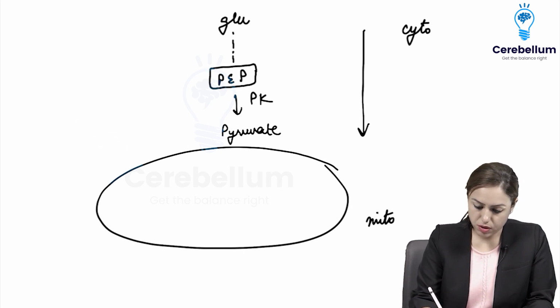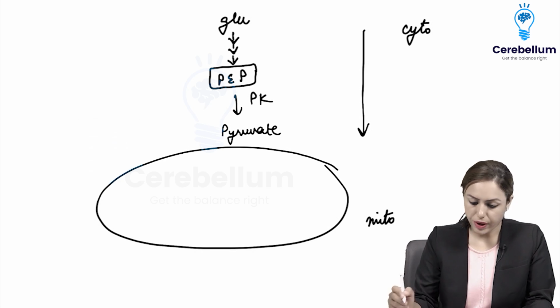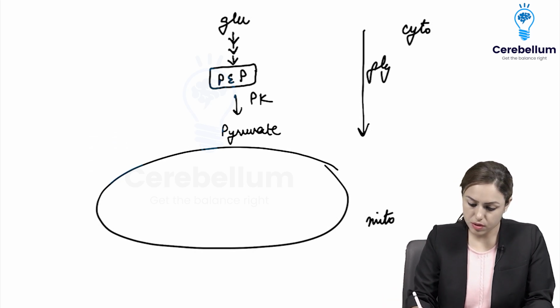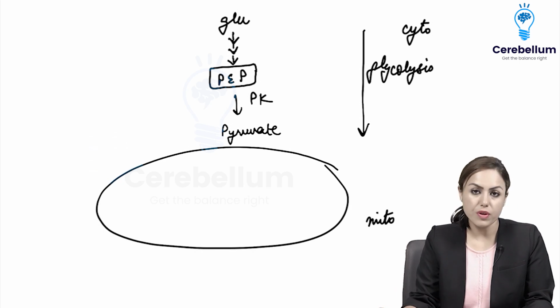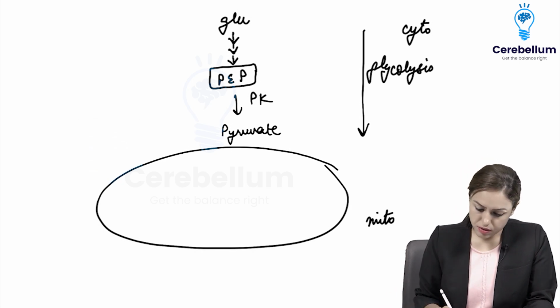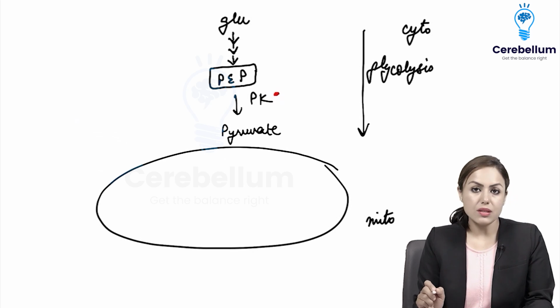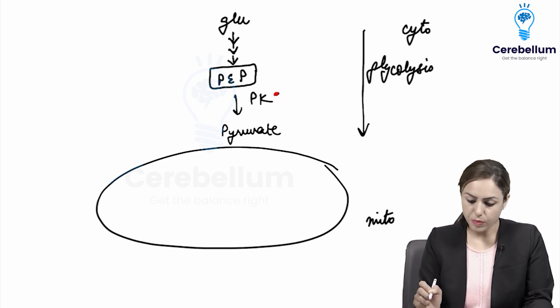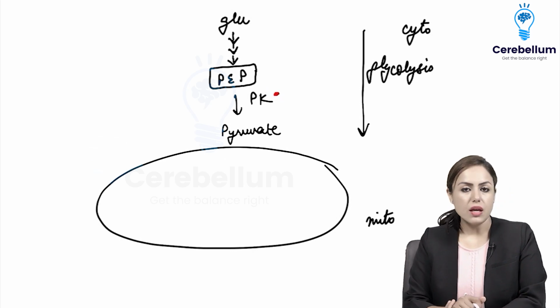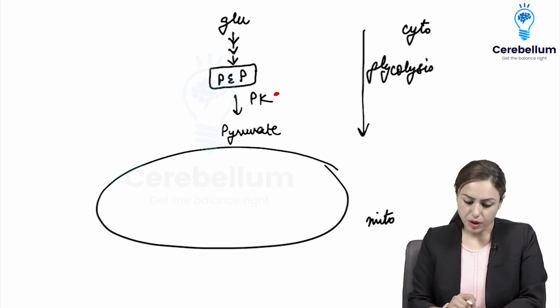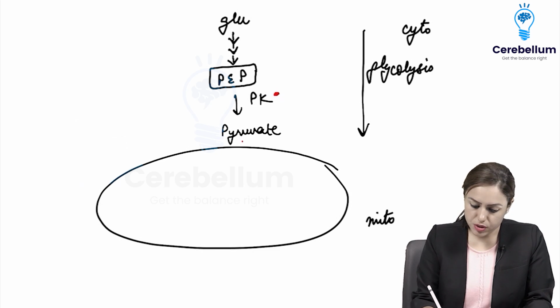So glucose gets converted to phosphoenolpyruvate in glycolysis. This is glycolysis occurring in cytoplasm, right? There is this enzyme pyruvate kinase, the last enzyme of glycolysis, which forms pyruvate in cytoplasm. Okay, now let's see how gluconeogenesis will occur, right?